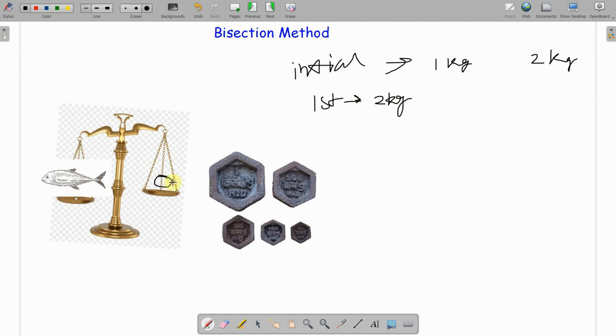He is putting 2 kg on this side, and he sees that the weight of the mass, let's say the weight is W, the weight of the fish is less than 2 kg. Then he will try the 1 kg batkhara, and he will get that the weight of the fish is, sorry, greater than 1 kg.